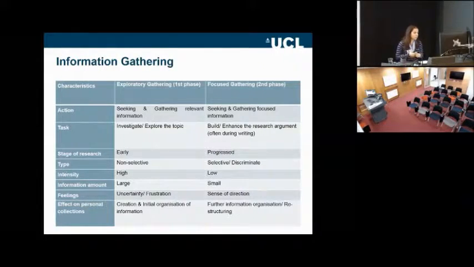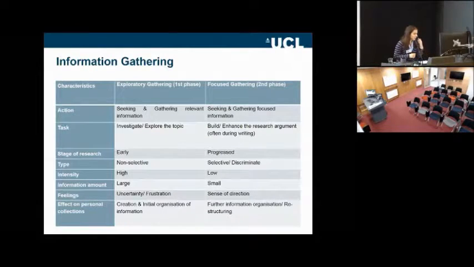The second one, which we called focused gathering, again based on the terminology used in Kuhlthau's model, has the purpose of building and enhancing the research argument. It generally takes place after an initial organization of the material collected in the first stage, as well as when the scholars have developed a better understanding of their topic, which happens sometimes during writing.